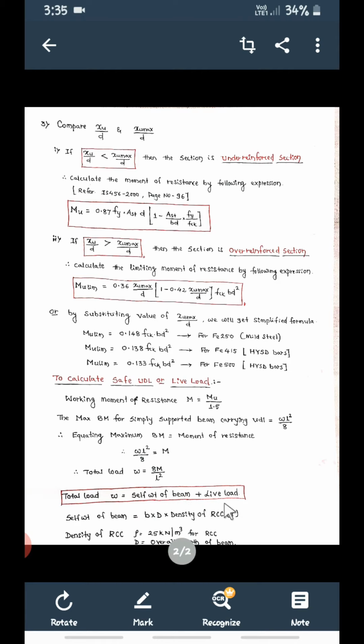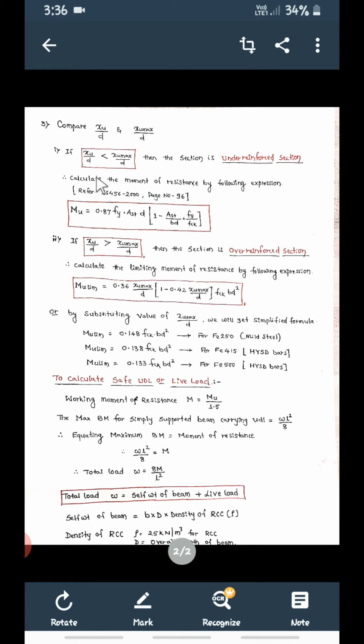Then what is the load coming on the beam? Live load in the form of UDL. So live load is equal to total load, that is whatever the load W you have calculated, this W minus self weight of the beam. This gives the total live load in the form of UDL.